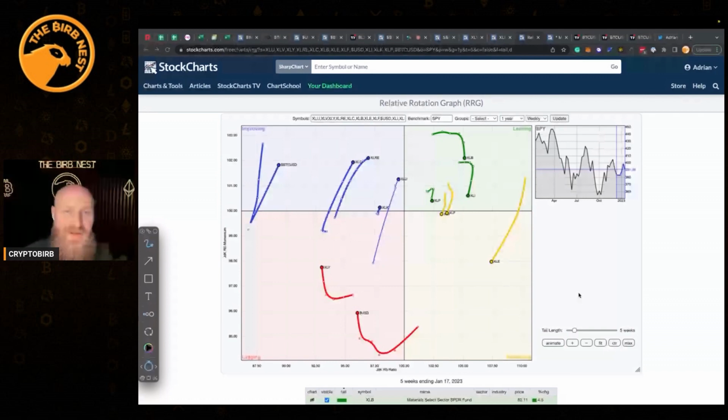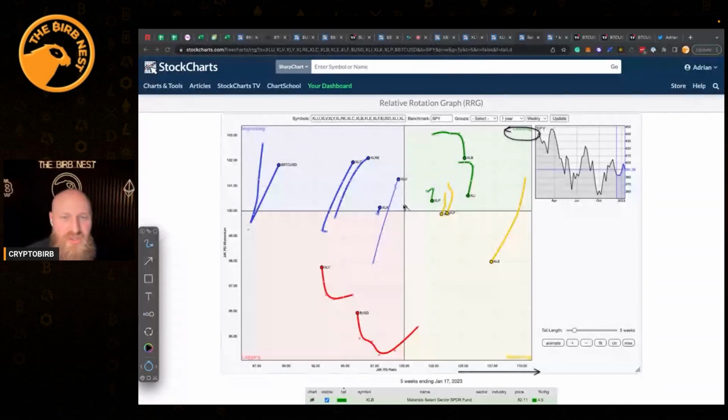So what it tells me is that the leading quadrant is very rich with relative strength momentum, which is the relative strength rate of change, basically how fast it changes, and the relative strength ratio, which is all rated against the S&P 500.